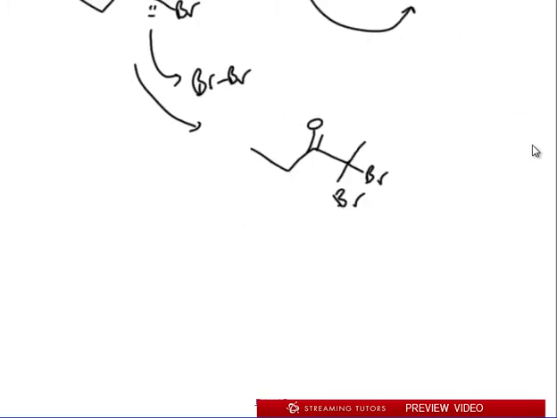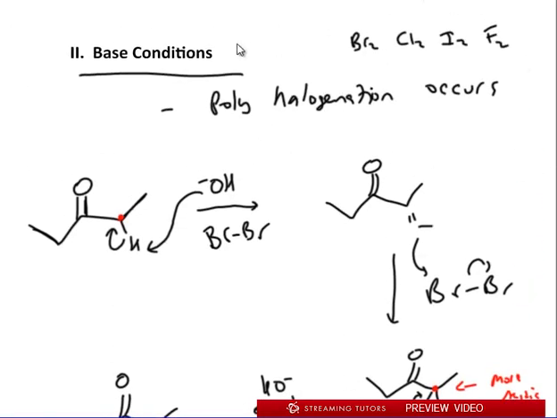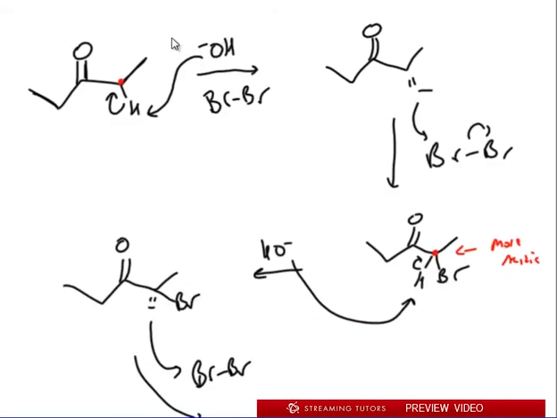So from here, I just wanted to show you that point where you pull the next H from, but this is going to happen again and again, and eventually you're going to get to the point where you pull off as many H's as you can, and you get Brs taking all of its places. So you can't stop this from happening. So it's almost like once you kick this in gear, every time you put a Br on, the molecule becomes even more acidic.